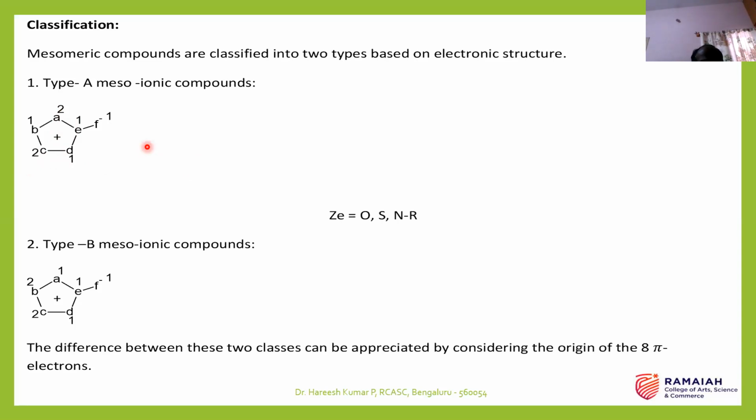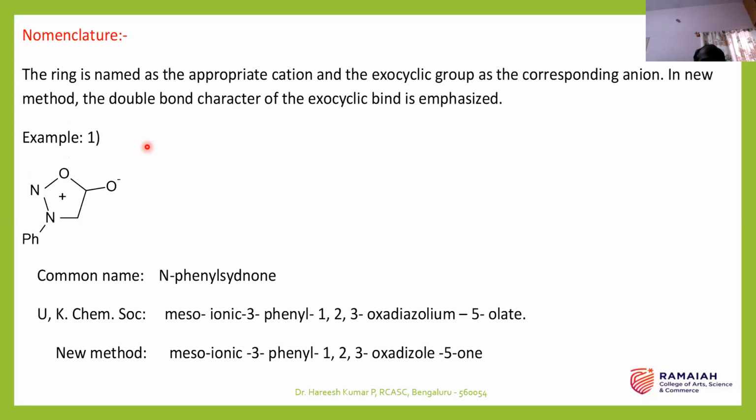I will take one example each of type A and type B, and I will also mention the nomenclature, how we can name the meso-ionic heterocycle as per the IUPAC system. Here I am taking one example.